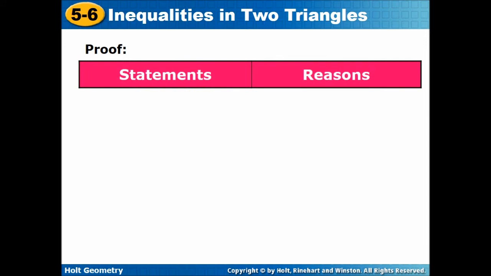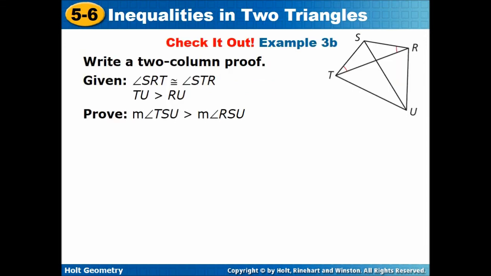We'll move on. All right, so now you are going to do your own 2-column proof, and we have a 4-sided quadrilateral figure here. Looks kind of like a kite. And you'll notice that angle STR is congruent to angle SRT.